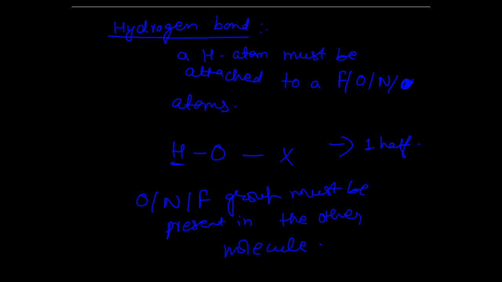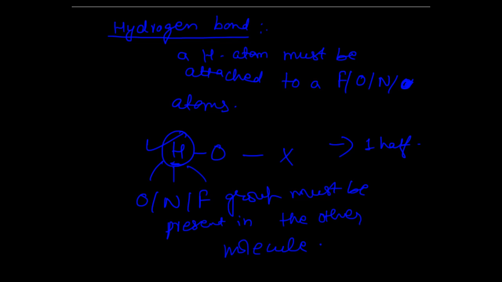In the next molecule, a fluorine, oxygen, or nitrogen atom must be present so that the hydrogen can form a bond with it, and a hydrogen bond is formed between them.